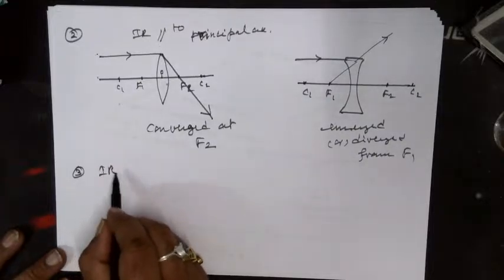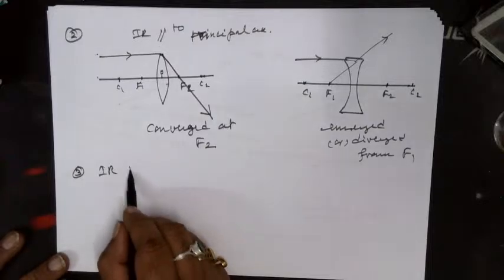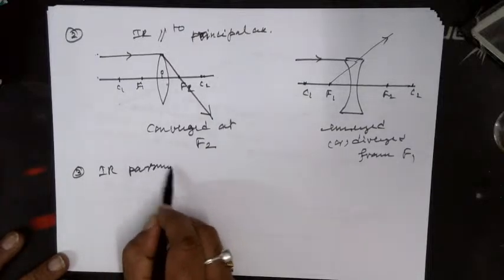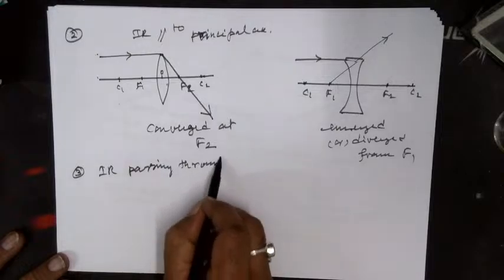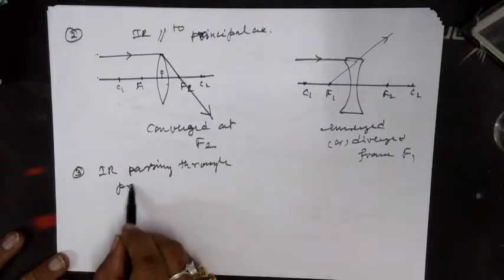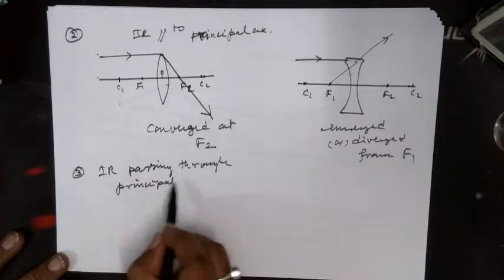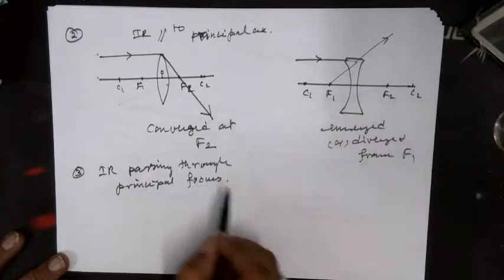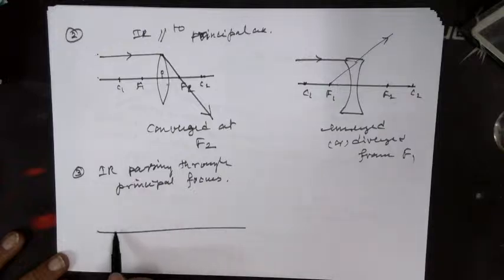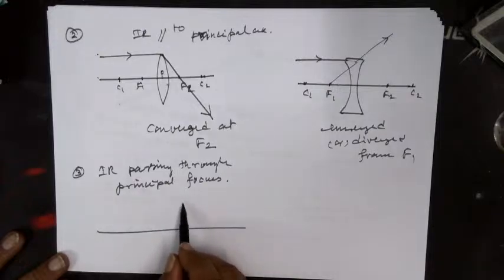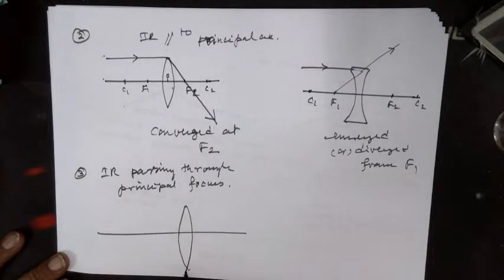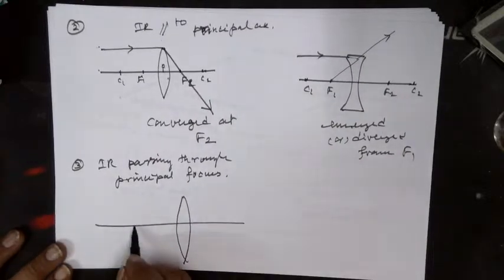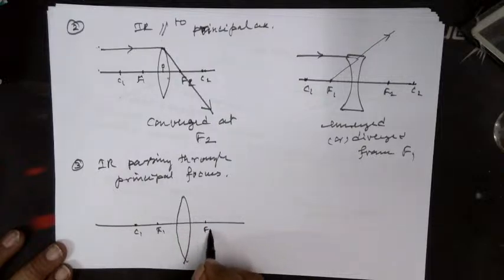Incident ray passing through the principal focus. What happens here? This is the principal axis. This is the converging lens. Now this is C1, this is F1, principal focus 2, then center of curvature C2.